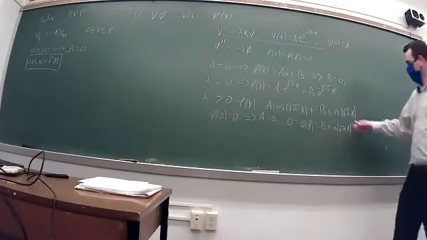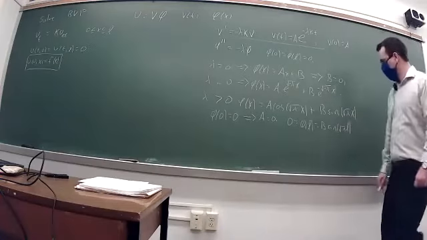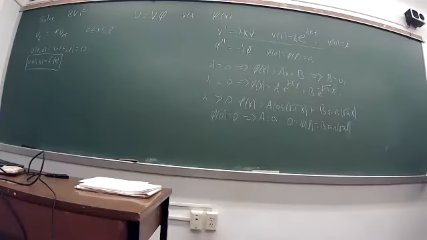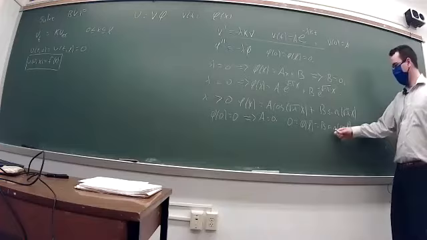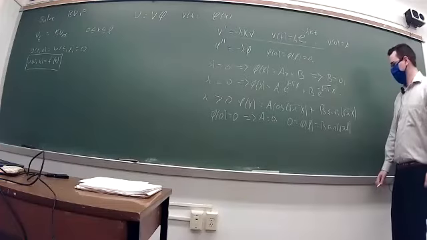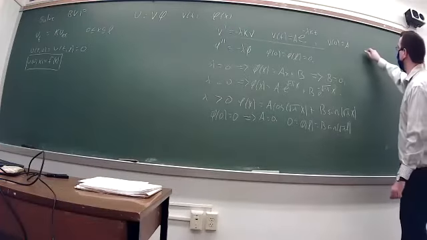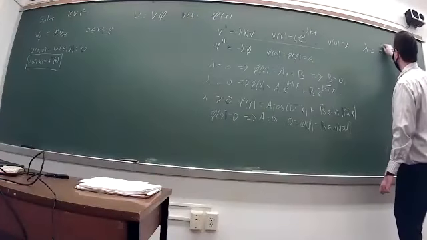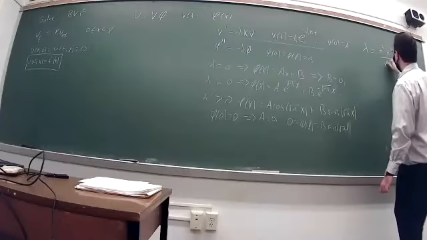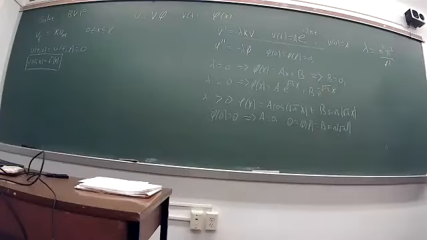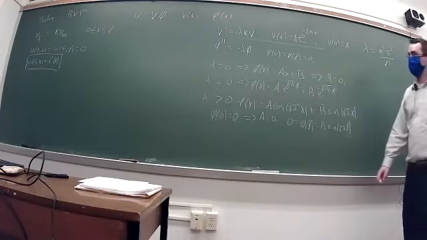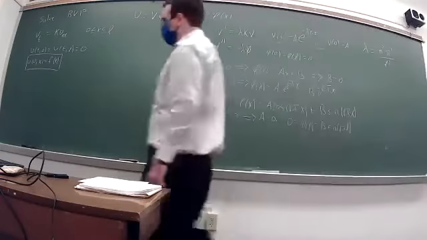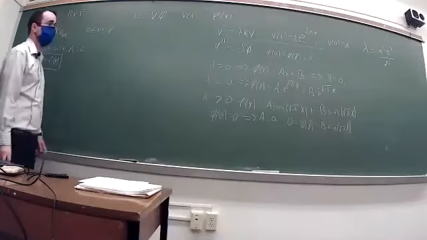We want to find a condition on lambda so that this equation will be true. And of course, we've already done that, and we found that lambda had to be n squared times pi squared over L squared. So we actually get the same condition on lambda that we got in the vibrating string.